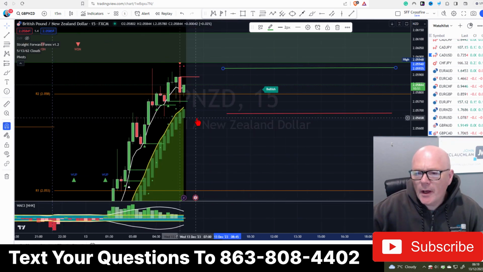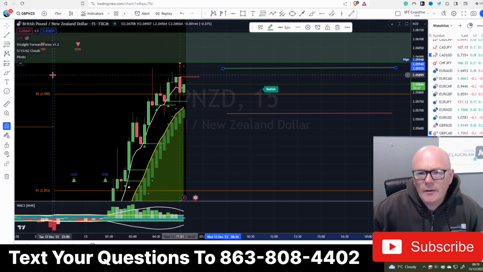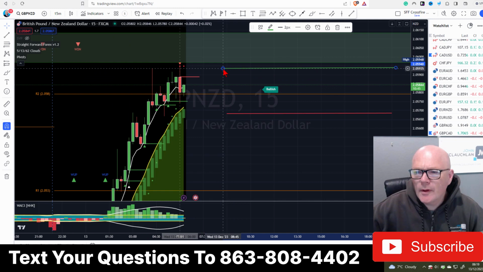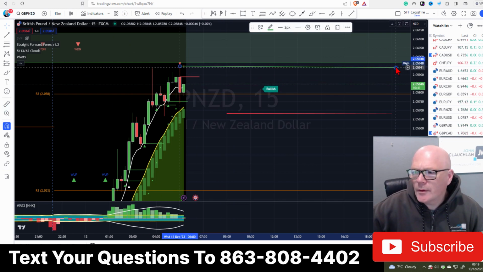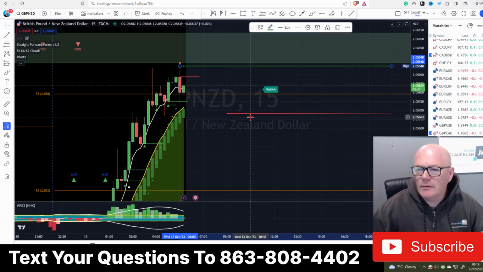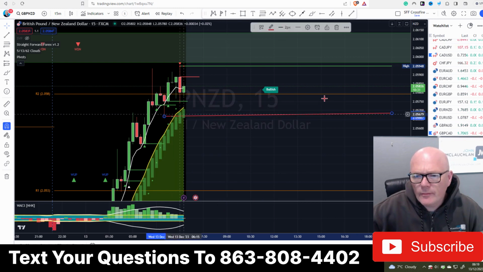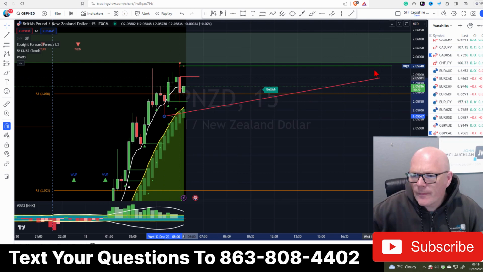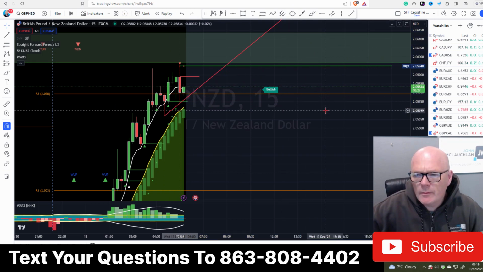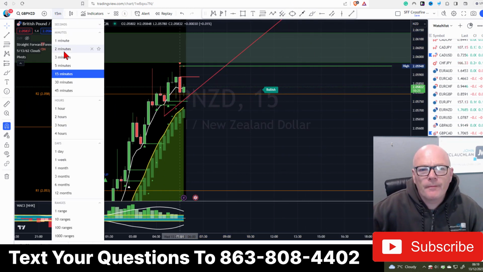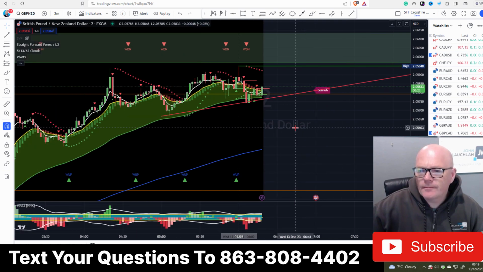Right, so the higher high for this one, there isn't one because that's the start of the session. So I'll put that one on there, and we'll just put it level. Click on it, hit shift, and that makes it level. That's it. And the lower low is this red candle here, and I'll put that to the bottom there. Okay, there we go. 2 minutes.